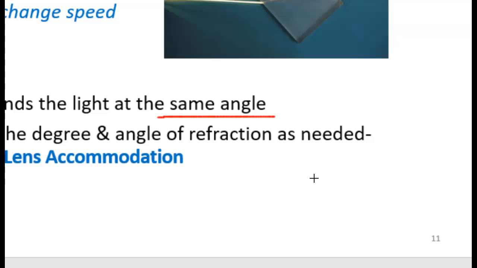It's pretty static, except with age, but that's another story. The lens, however, also performs refraction, and it does have the ability to change the degree of refraction. Okay, so it does that because its material is flexible enough to kind of stretch and then ball up, stretch and then ball up.